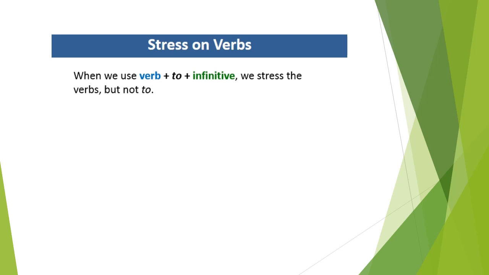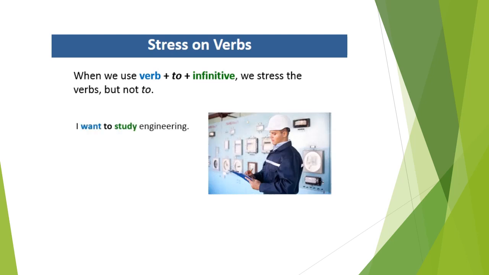Stress on verbs. Verbs are content words. When we use a verb plus to plus an infinitive, we stress the verbs, but we do not stress to. In the following examples, notice that to is said more softly than other words, so it may be difficult to hear. I want to study engineering. She needs to visit the library. We plan to go there soon.